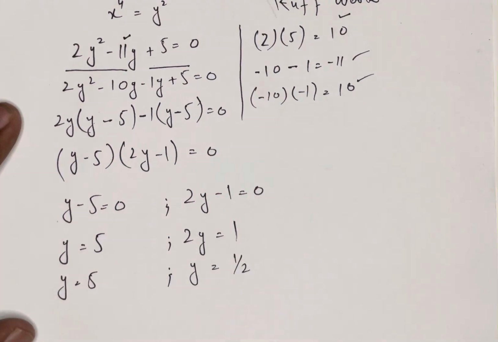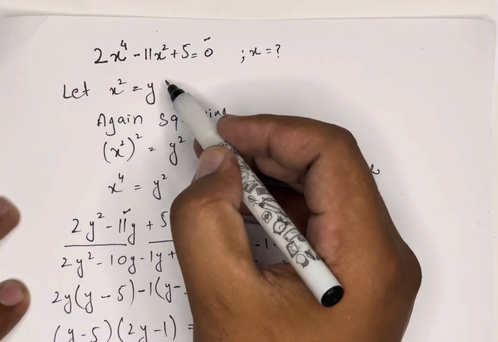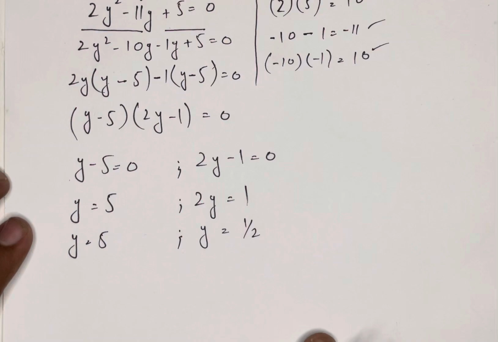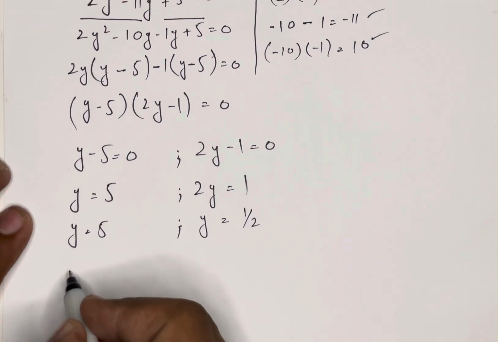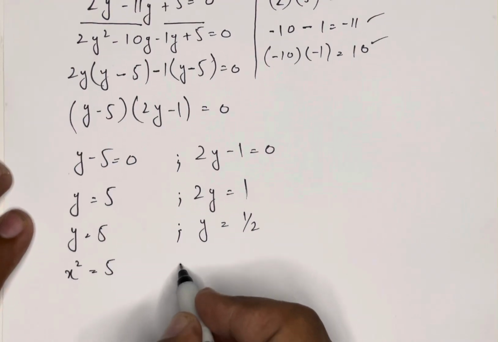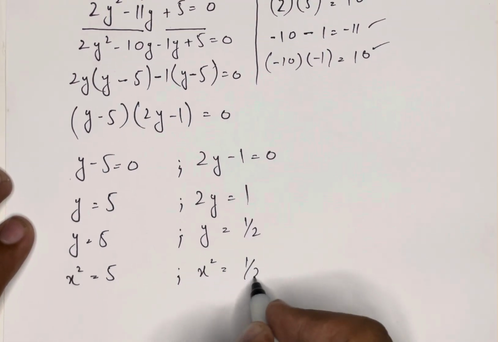Now I am putting back the value of y, that is x square. I am putting y equal to x square equal to 5, while on the other side x square is equal to 1 over 2.